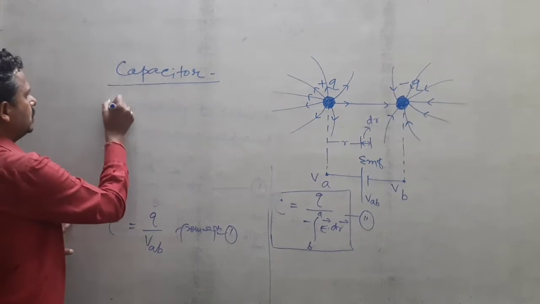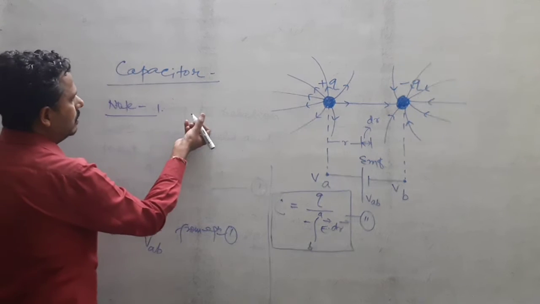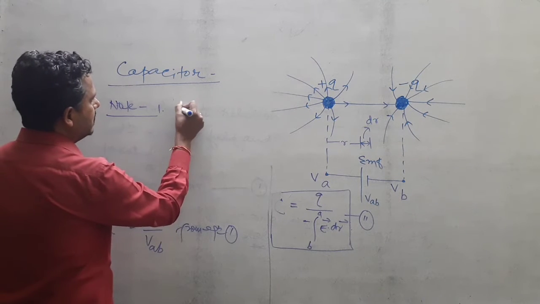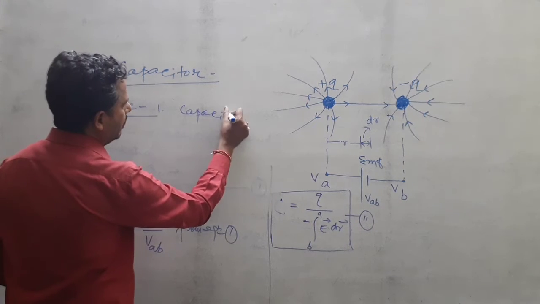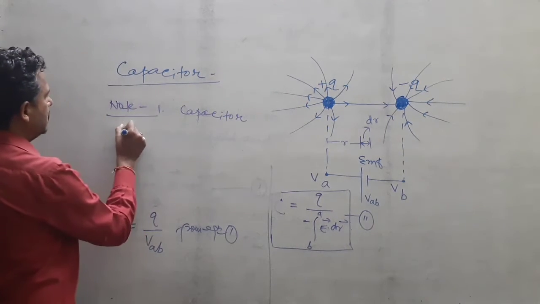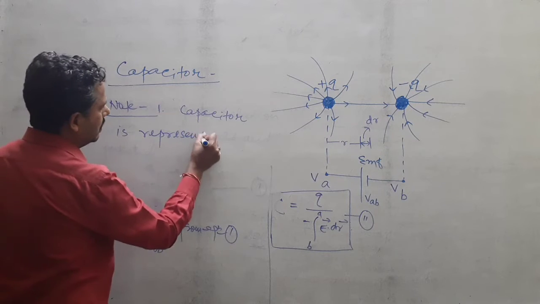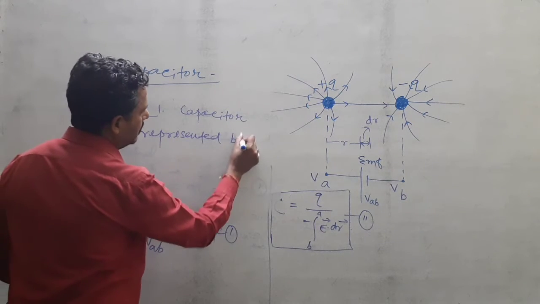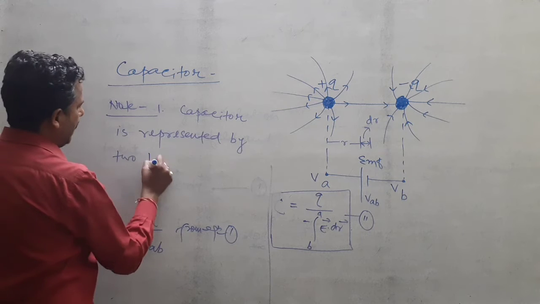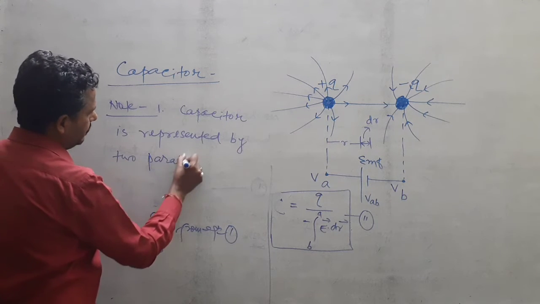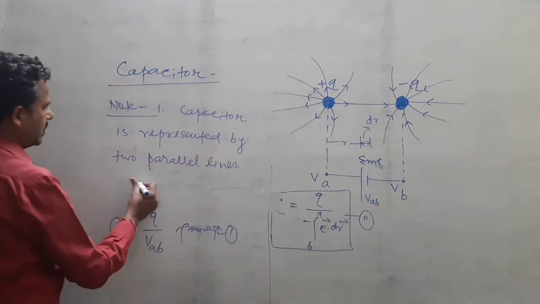So just see note 1: a capacitor is represented by two parallel lines like that.